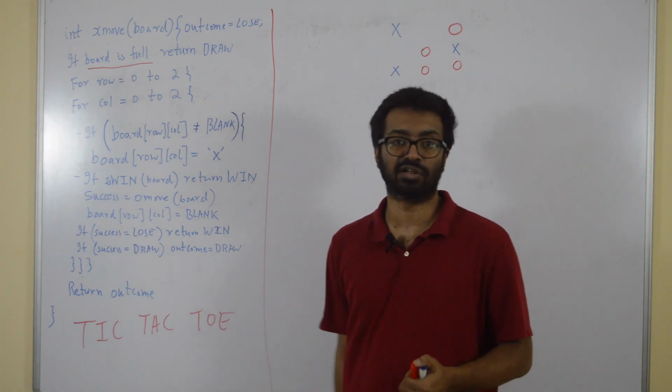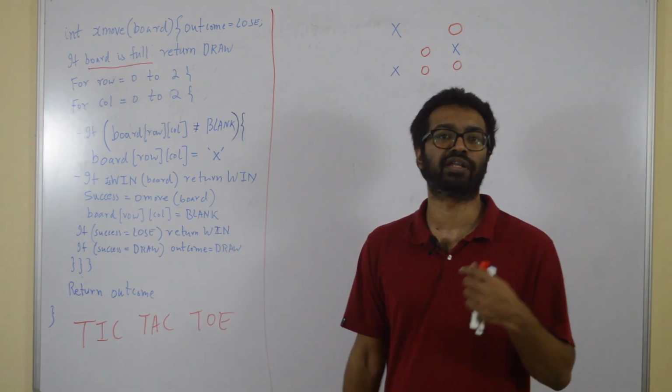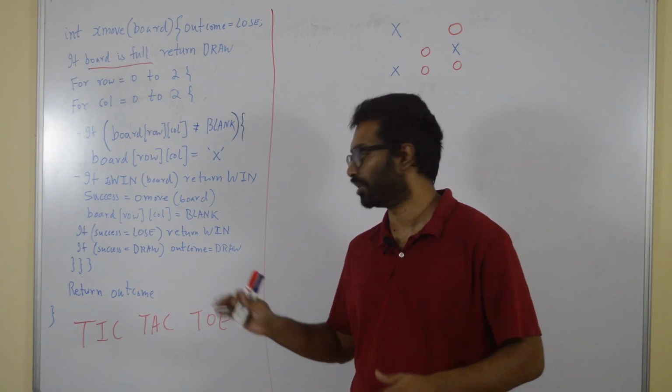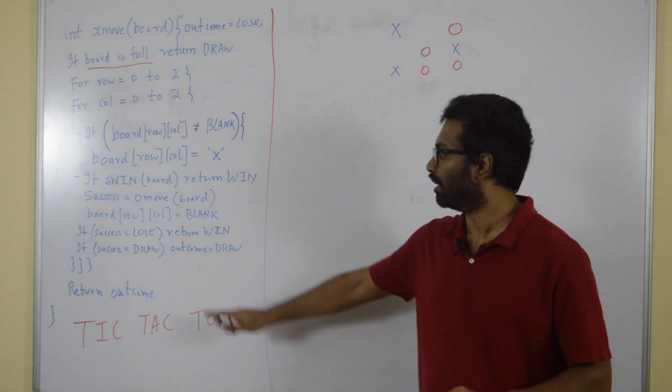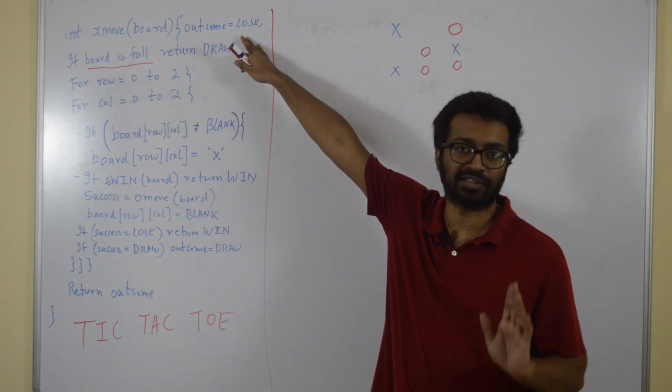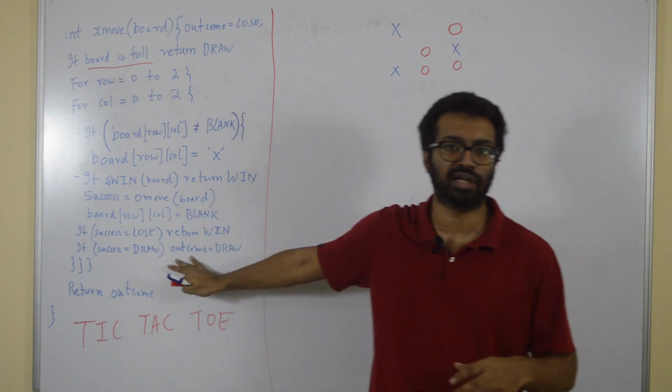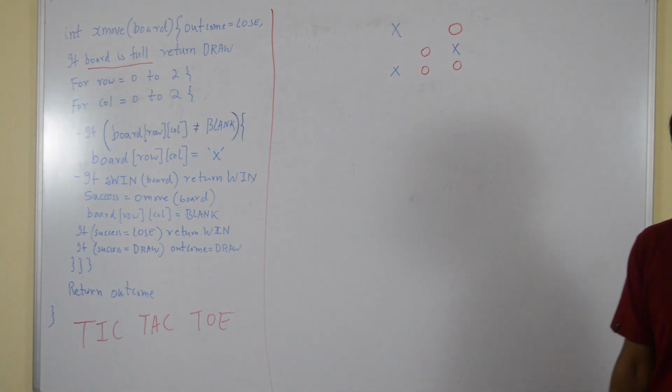If the success is a draw, I'm going to store that fact, that a draw is possible from this location. Earlier, this outcome is set as loss. That's the default value. If some draw was possible, I will set the outcome to draw.